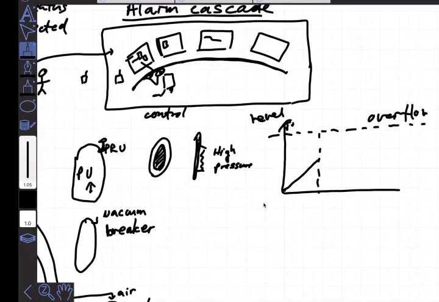Ideally, if you predict that we're going to reach a bad place in about 10 minutes, that's the time when you raise the alarm, right? Because the operator needs time to take action.